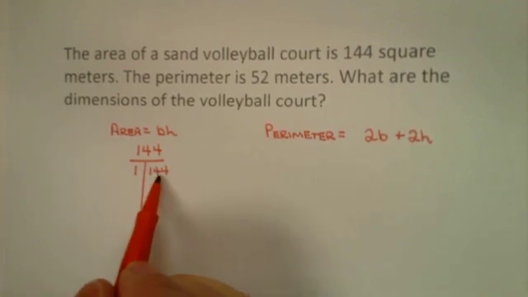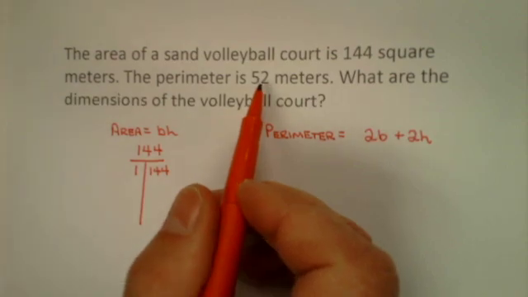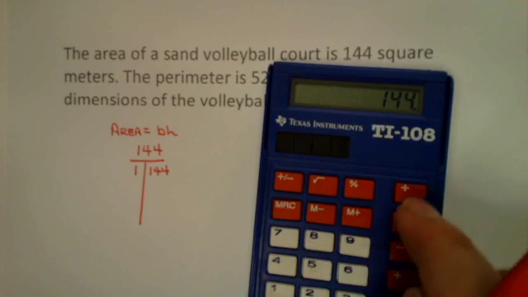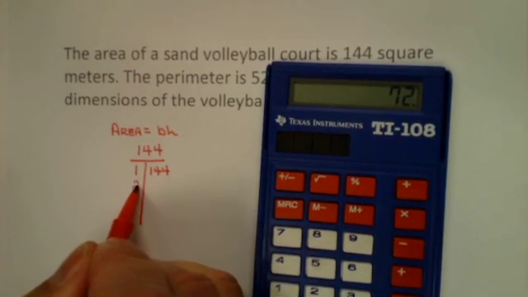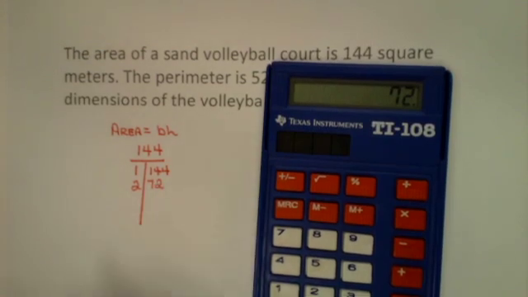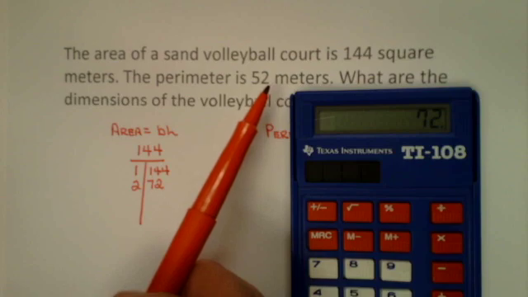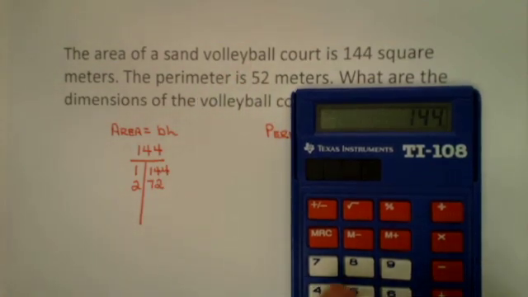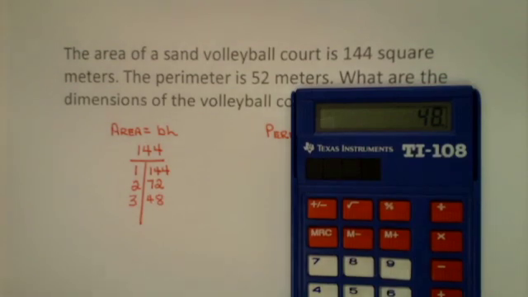If I double 144, it's already over my maximum perimeter, so it can't be that one. 144 divided by 2. I want to see if 2 will go into 144. It'll go into it 72 times. If I double 72, it's already more than 52 meters all the way around. 144 divided by 3. 3 and 48.